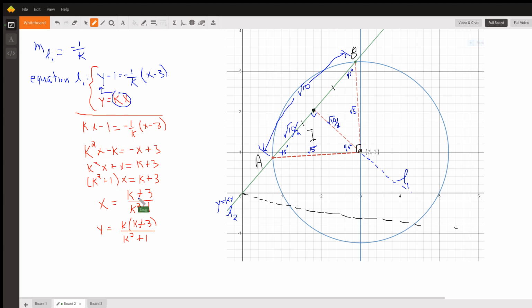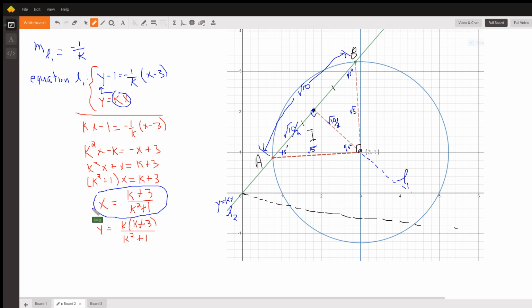And I went through all of this, isolated the k, you can follow the steps, and saw that this was the expression for the x coordinate of this point right here. And since y equals k times x, y would be k times this value of x.